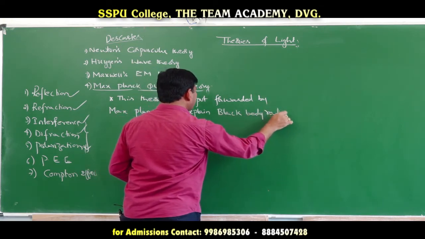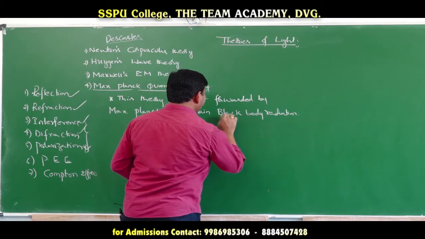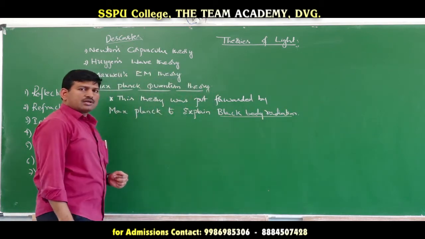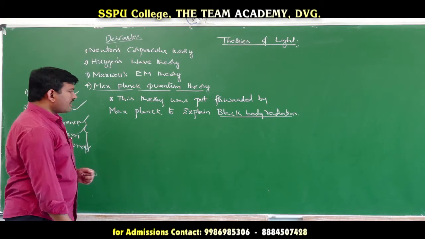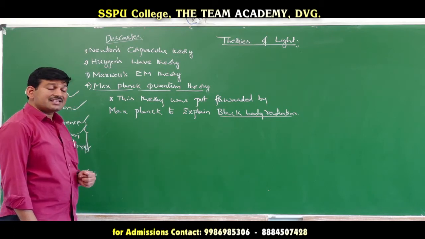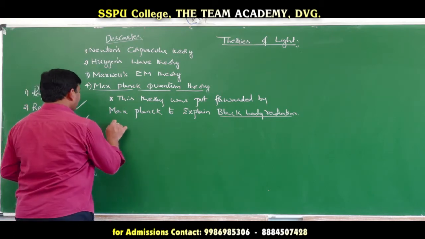Previously it was believed that the black body radiations are continuous. But after this Max Planck quantum theory, we came to know that the black body radiations are not continuous, but they are discrete or discontinuous.